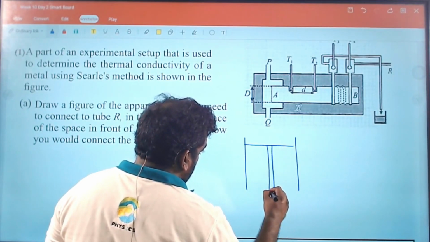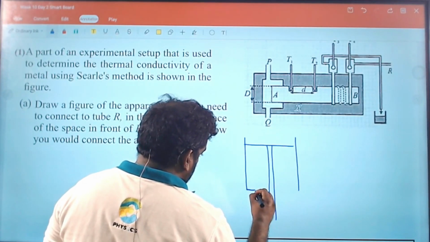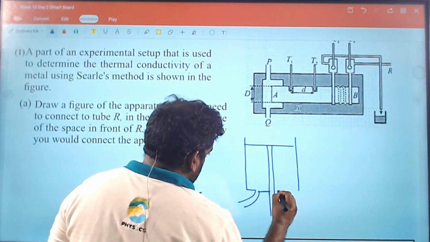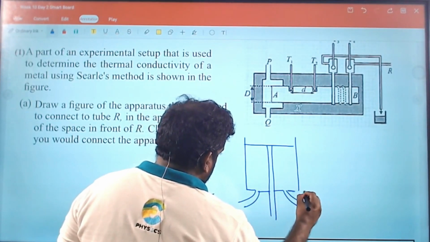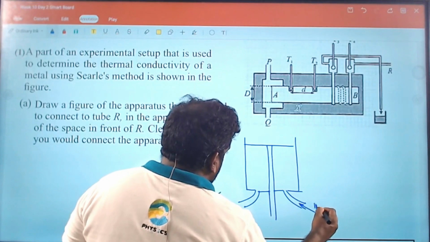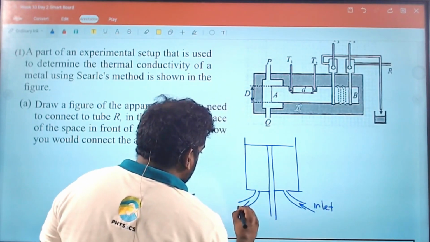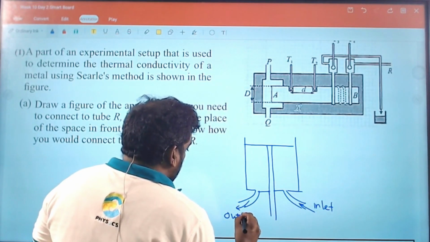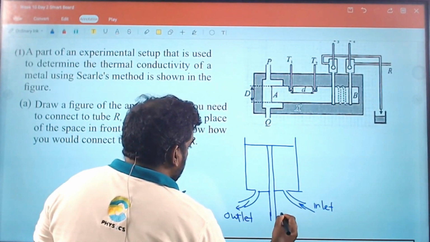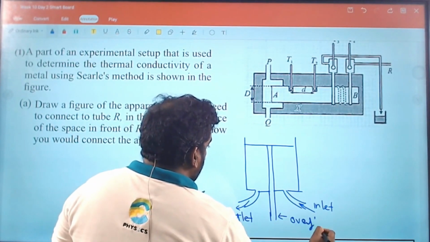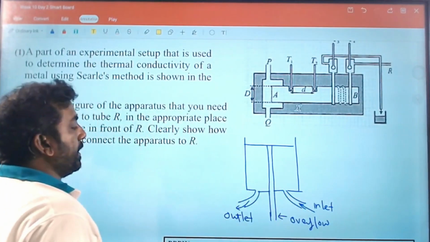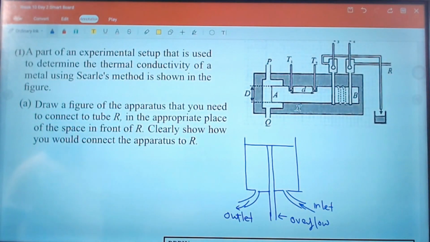It's the overflow. So this is your inlet. This is your outlet. This is the overflow. This should be connected. Constant pressure head device.